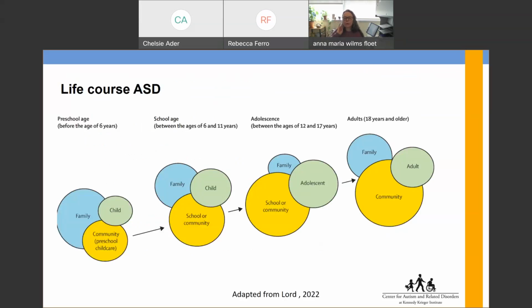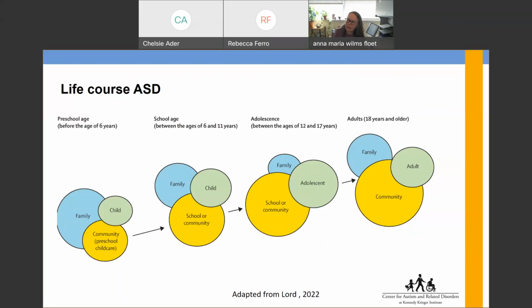This is actually from a paper, and this visual really struck me. If you think about a life course in autism, this is from a paper that was published, I think, in the month of January. It is by the Lancet Commission on Autism. It's written by leaders internationally in the field of autism, and it's a really comprehensive review of autism and the current state, both clinical as well as research, and where there are areas that we need to improve upon.